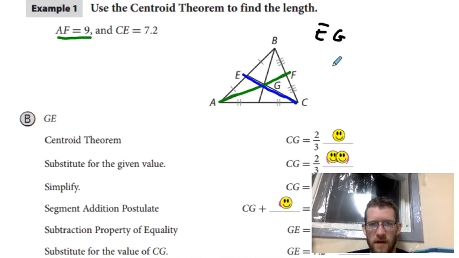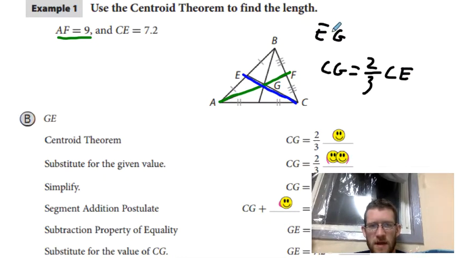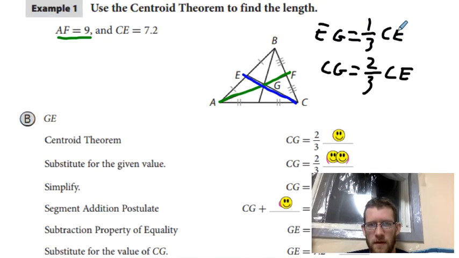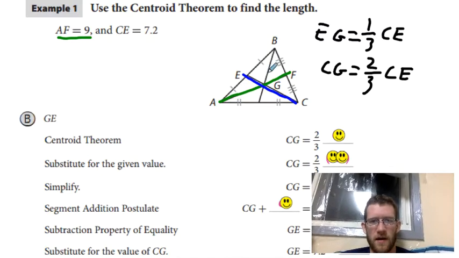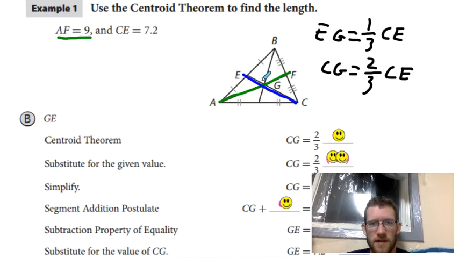E to G, or sorry, I'll back up. If C to G equals 2/3 of CE, that means E to G equals 1/3 of CE. Go ahead and use this shortcut here. This short segment is 1/3 of the total length.